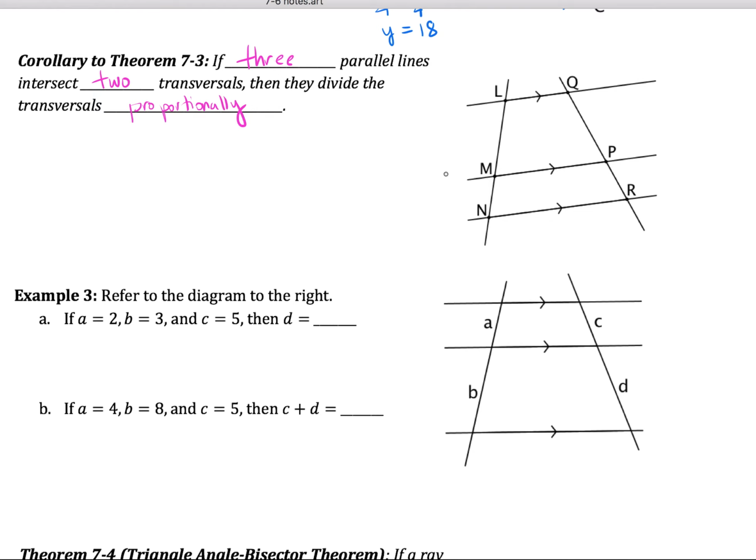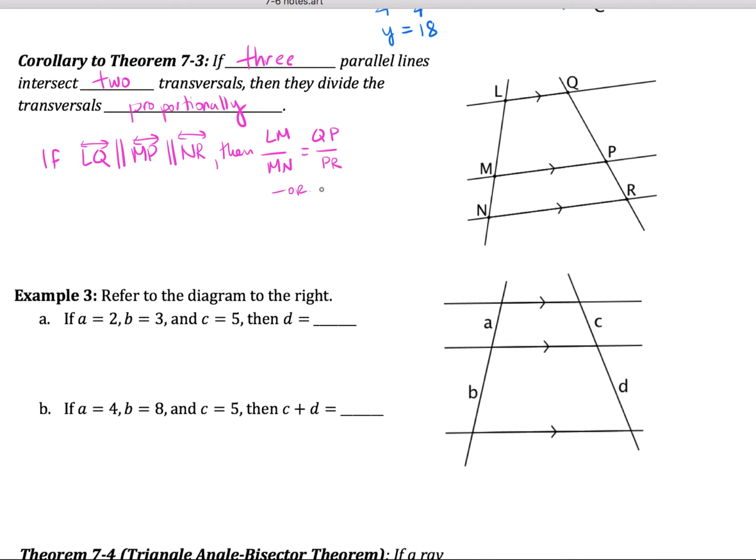And so what this would mean, for this particular diagram, the corollary would say that if line LQ is parallel to line MP, and that is parallel to line NR, then these 2 transversals would be divided proportionally, which would say that LM over MN would equal QP over PR.